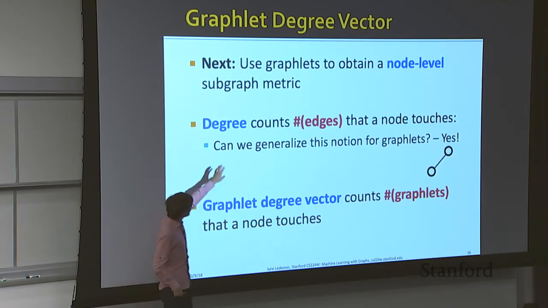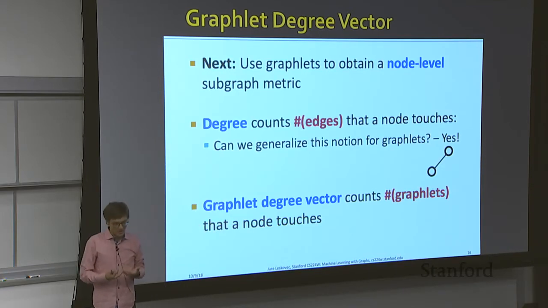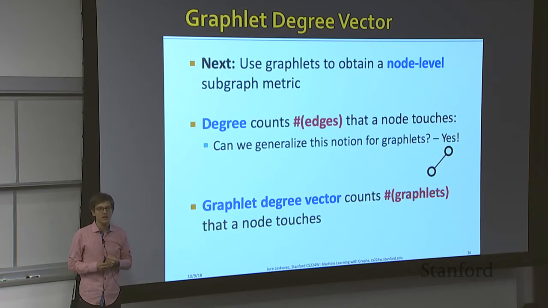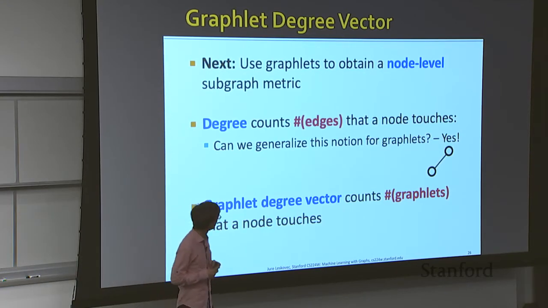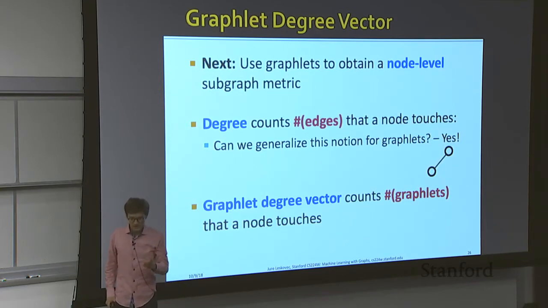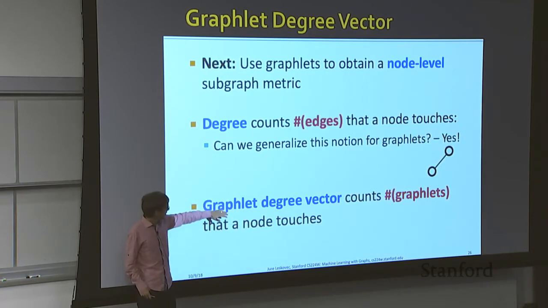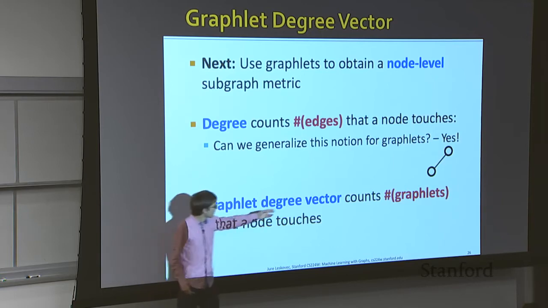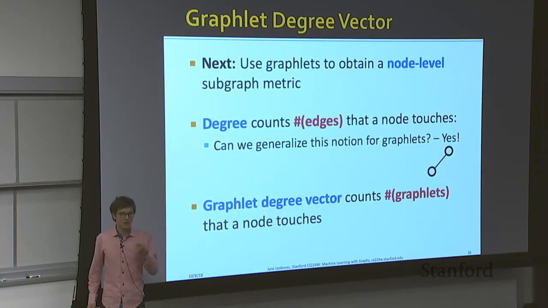And one way you can think of it is that this is a generalization of the concept of the degree of a node, which is the number of adjacent edges to the node, right? So degree is the number of edges that a given node touches. And the idea is that graphlets are a generalization of this, where the graphlet degree vector counts the number of graphlets that a given node touches, right?